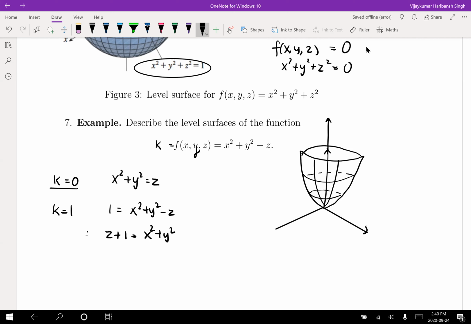So now this is the same as this curve but shifted down by 1 unit. Again, some contour to give it a 3D picture. Okay, and so on and so forth. So this gives you the level surface for the function f of x, y, z equals to x squared plus y squared minus z.